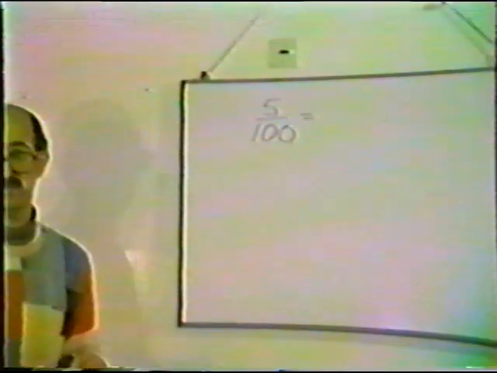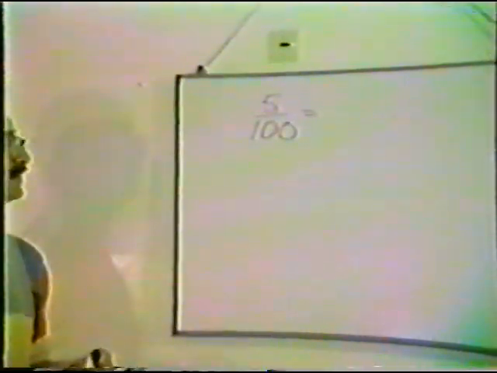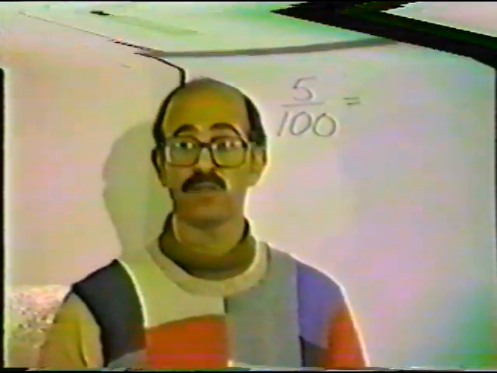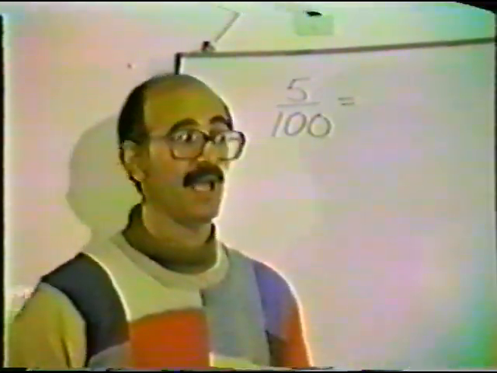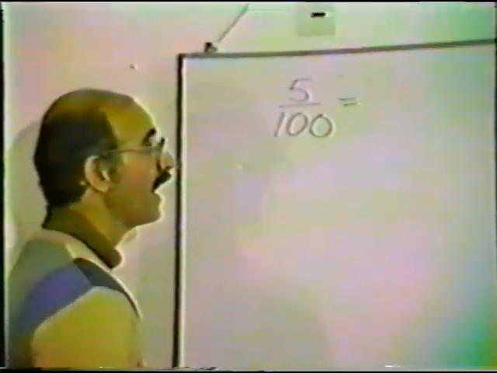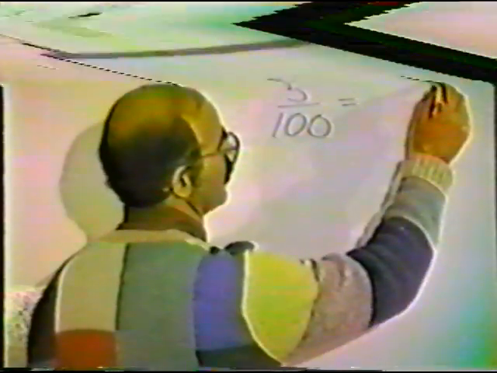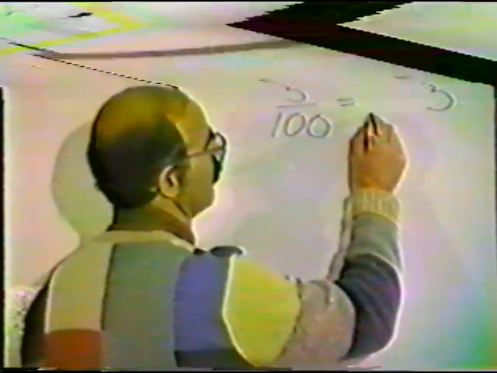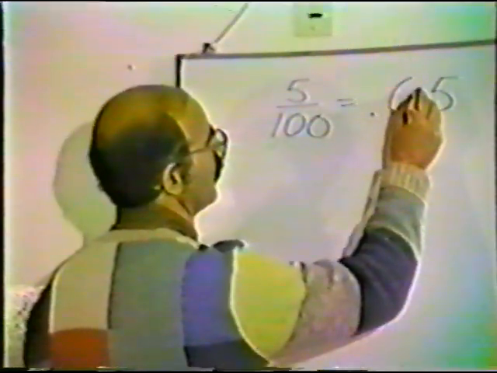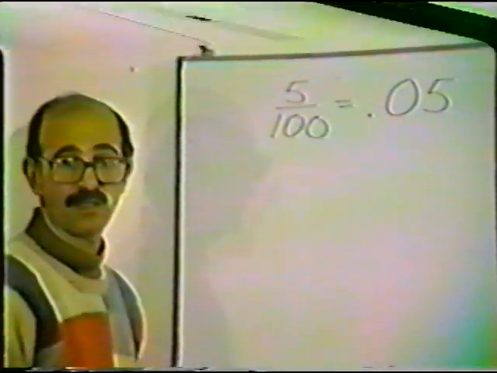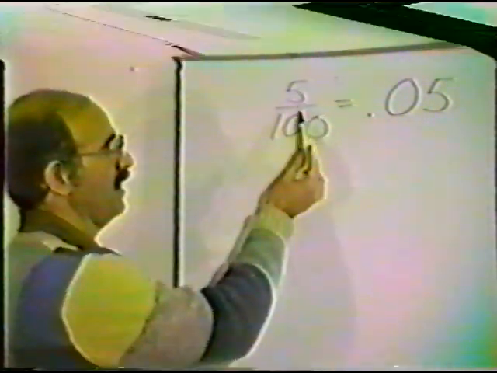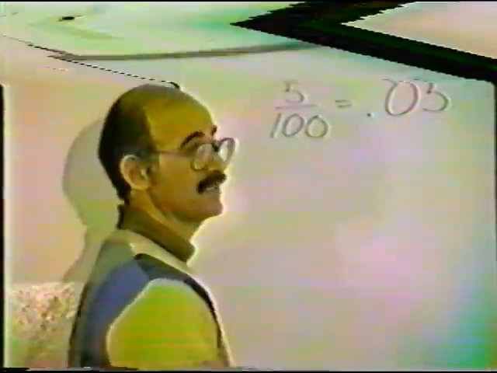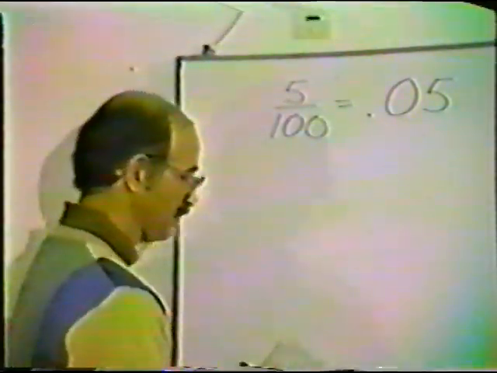And read that one. 5/100ths. How many decimal places do I need for hundredths? 2. And I have to put the 5 so that it is in the hundredths place. Therefore, I have to fill this space with a 0. 5 hundredths as a fraction, 5 hundredths as a decimal.